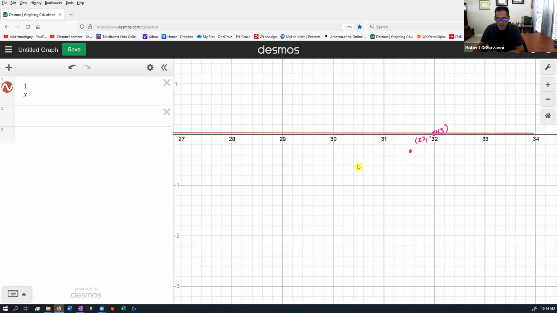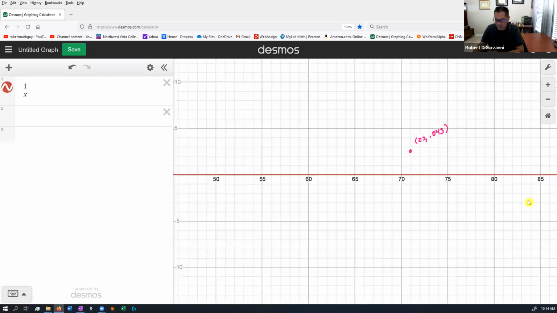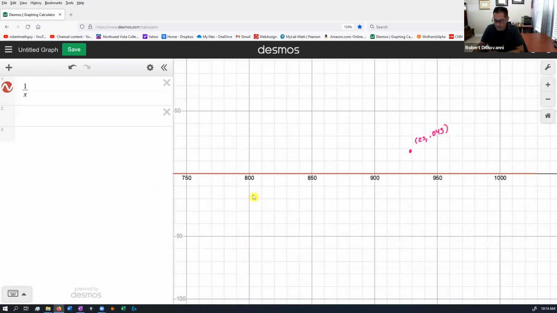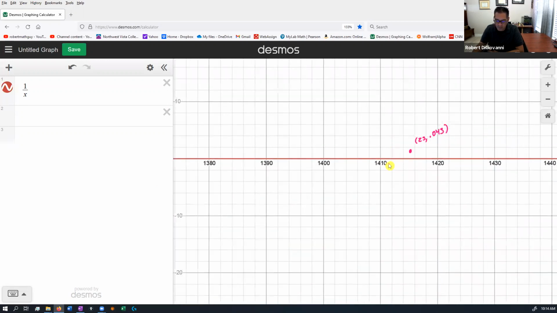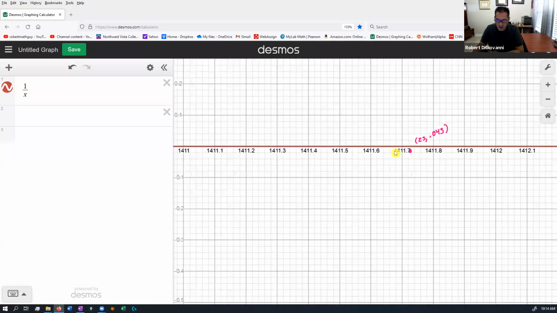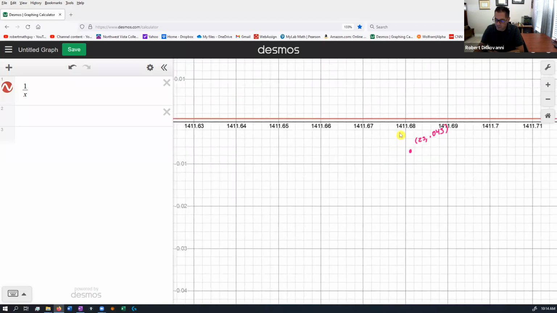Understand? But if I keep going out, way, way out here, and let me zoom in so you can see it. It has not actually reached 0 yet. There we go. Now you can see this.